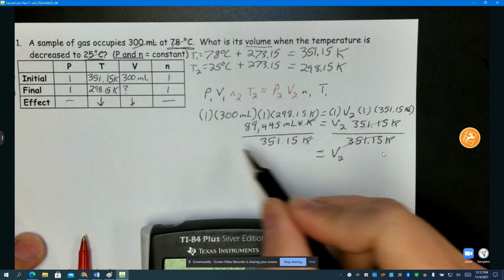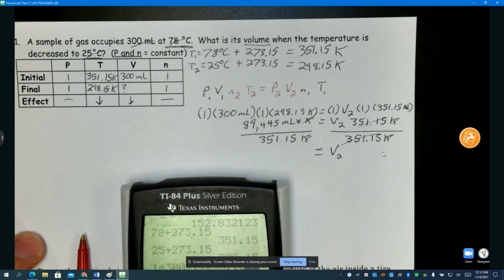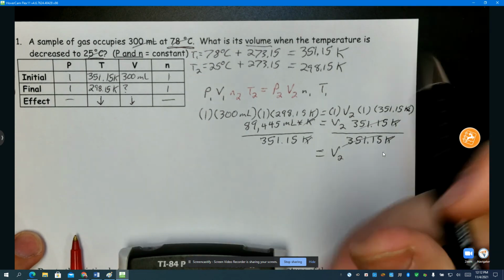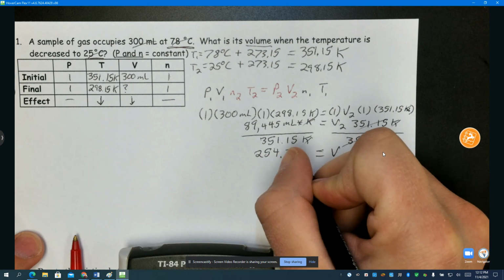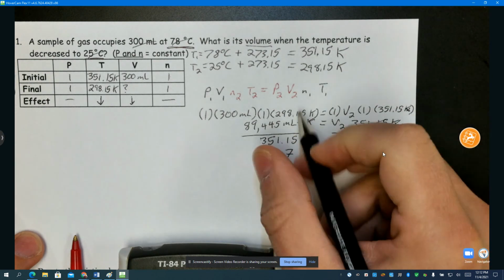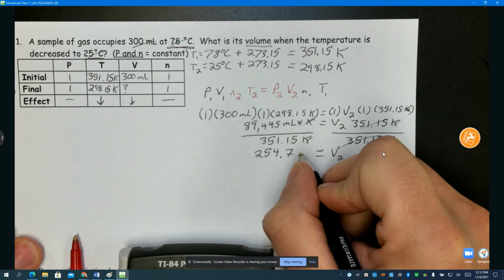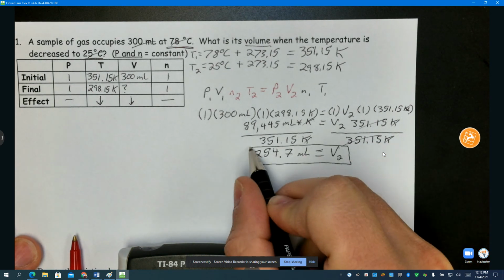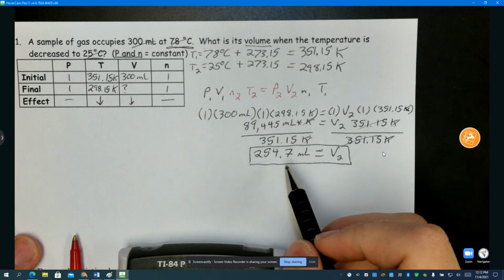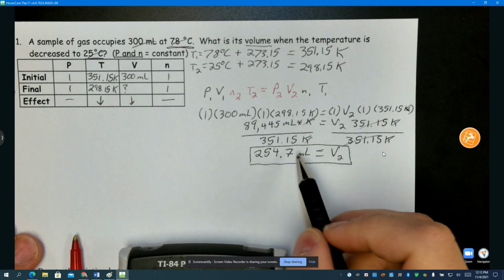And we get V2 is 89,445 divided by 351.15, which gives us 254.7 milliliters, because those are the units that are left over. And that is what we would predict for an ideal gas would be the volume.